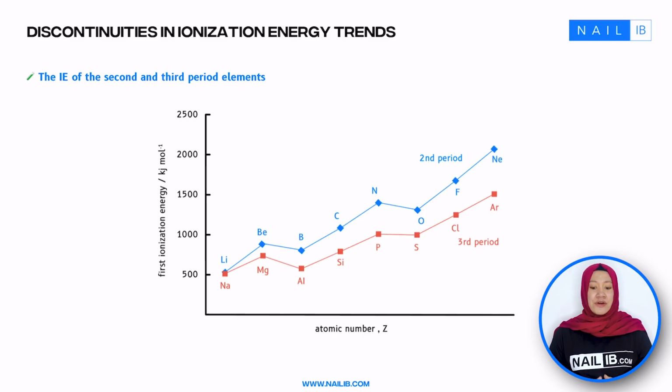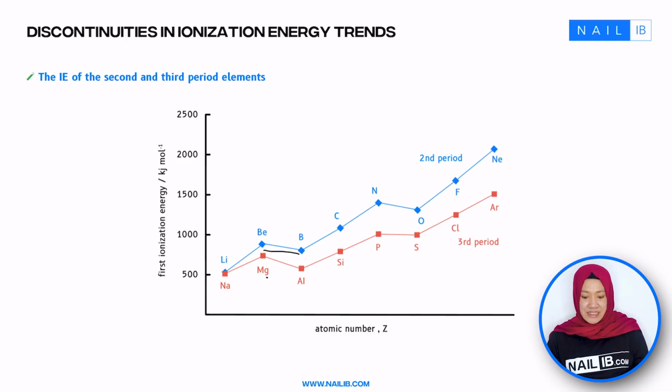decreases, right? So the trend increases, but in this figure you can see that between Be and B, less ionization energy is required to remove an electron from B compared to Be, while the trend should be ionization energy increases across a period. So this is an example of discontinuities in ionization energy trends.